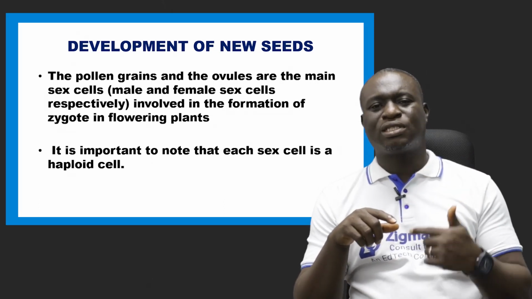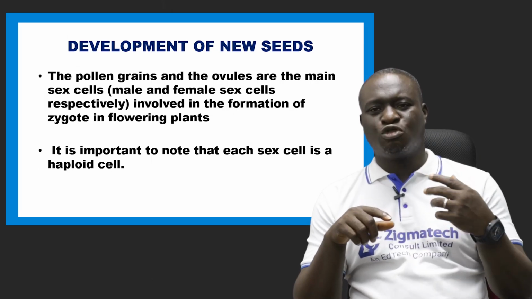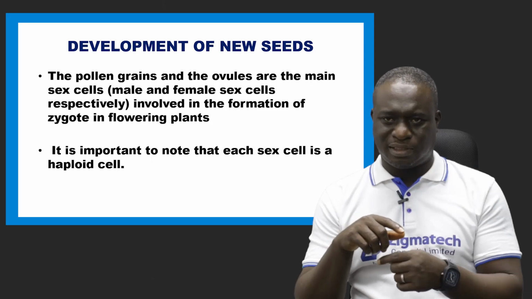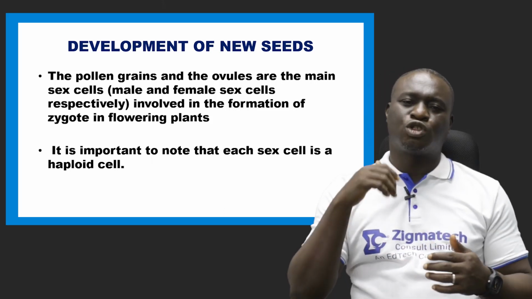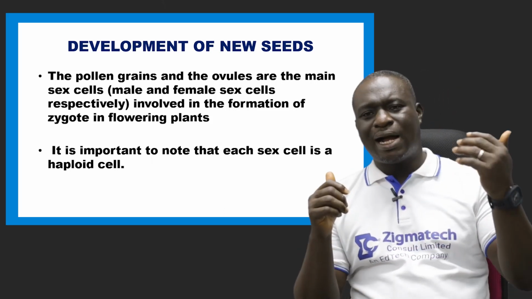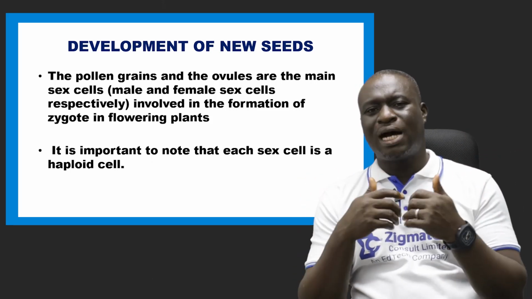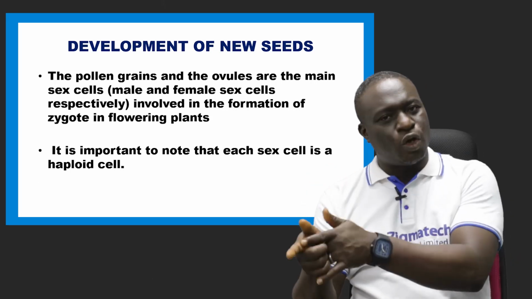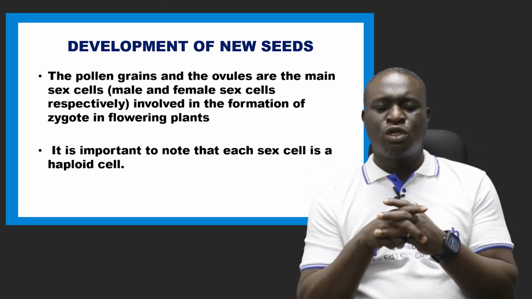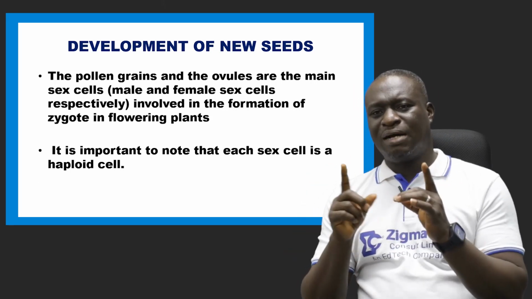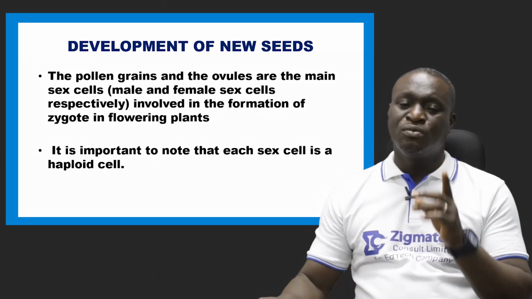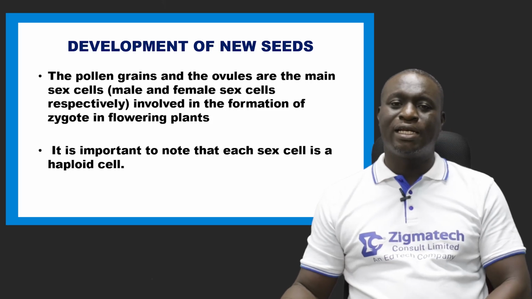It simply means that the pollen grains, if you check their sex cells, are haploid cells, while the ovules are also haploid cells. And when a haploid cell combines with another haploid cell, it gives rise to a zygote with a diploid cell. So please take note that the gametes in flowering plants are also haploid cells.